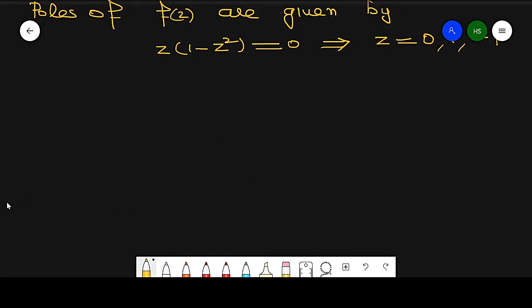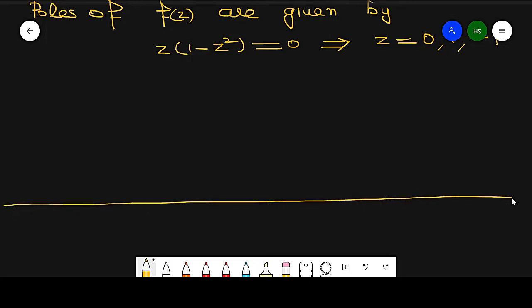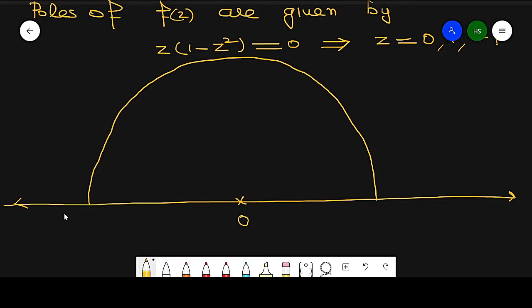Now, if I take a real line, this is the real line. In this real line, this point is the origin, and this is a semicircle of radius capital R. Here it is minus R and here it is capital R. So this is a semicircle of capital R. Now singularities are on the real line.